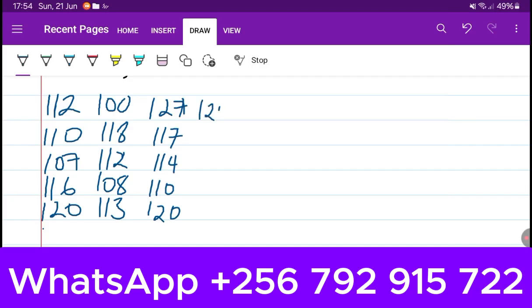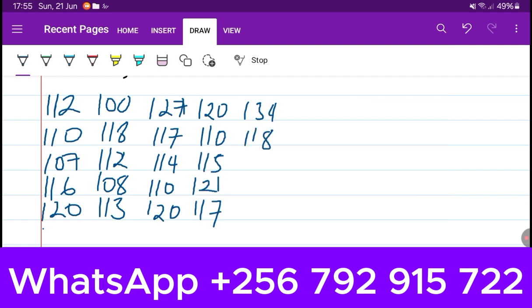This is 120. 110. 115. 121. 117. 134. 118. 118. 113. 105.